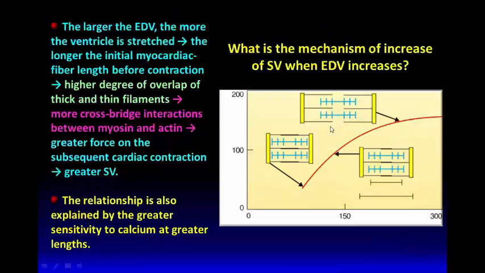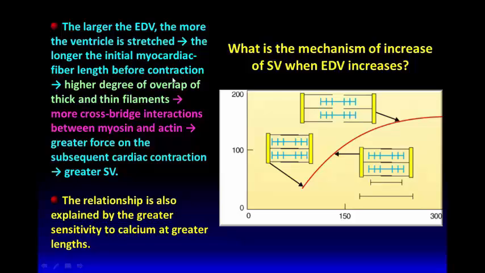The mechanism of the increase of the stroke volume when the end diastolic volume increases is because the larger the end diastolic volume, the more the ventricle is stretched. And the more the ventricle is stretched, the longer the initial myocardial fiber length before the ventricle begins to contract.